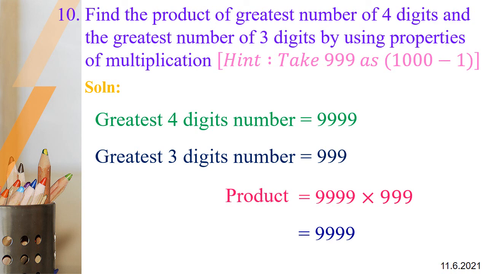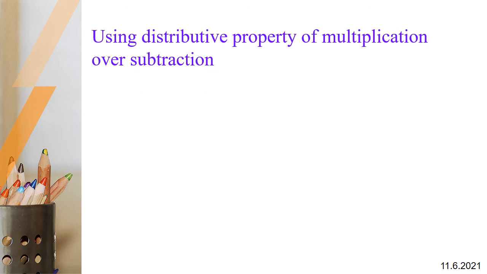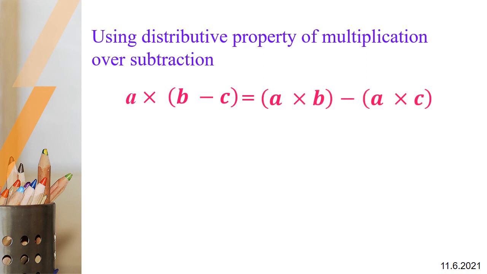So let's write 999 as 1000 minus 1. So here, using the distributive property of multiplication over subtraction, that is A into (B minus C) equal to A into B minus A into C. So here A value is 9999, B value is 1000, C value is 1.